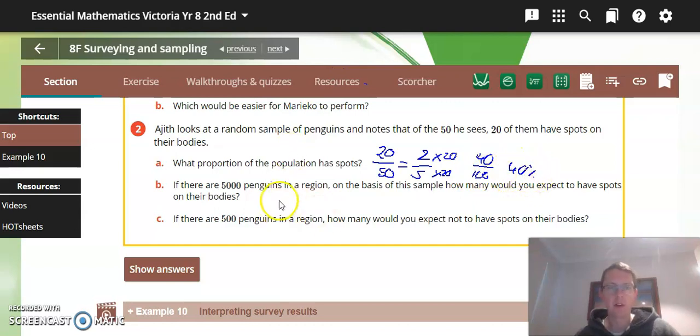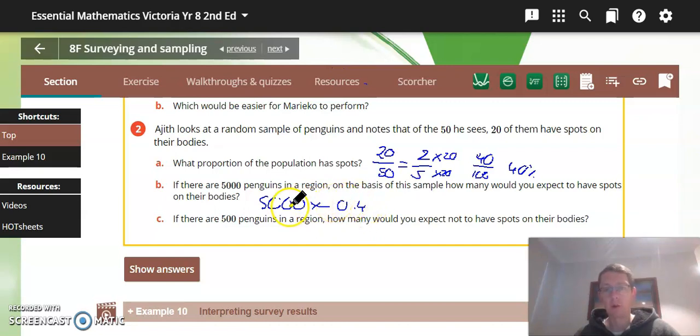So moving on, if there are 5,000 penguins in a region, on the basis of this sample, how many would you expect to have spots? Well, we're talking about 40% or 2/5 of the proportion. So all we need to do is take 5,000, and of that, meaning multiply, we have 40%, so we can either multiply by 2 on 5, or multiply by 0.4.